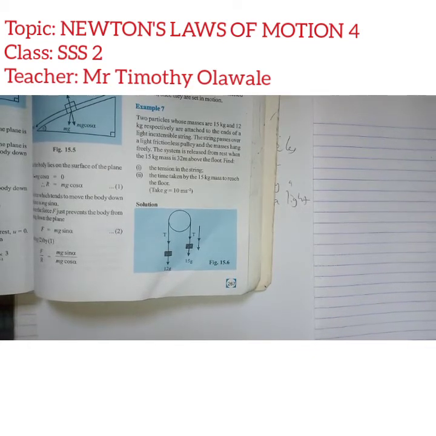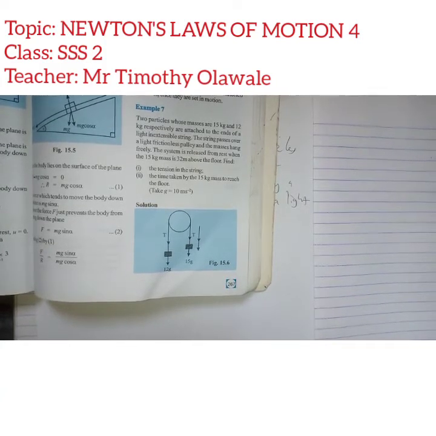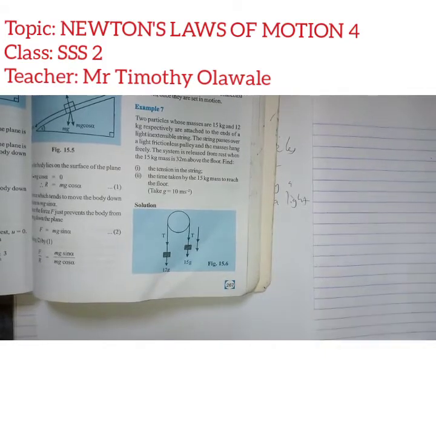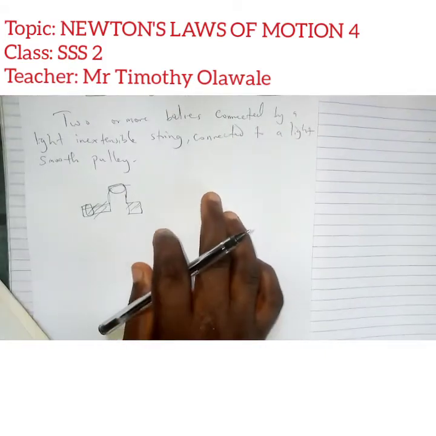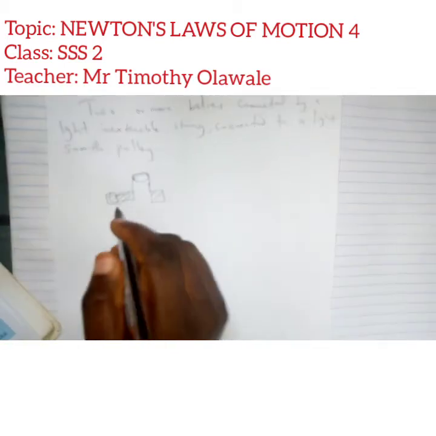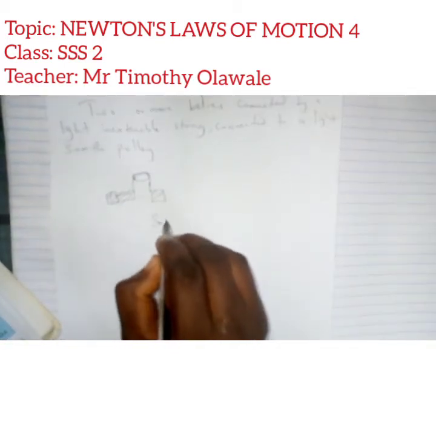The system is released from rest when the 15 kilogram mass is 32 meters above the floor. The question is: find the tension in the string and the time taken by the 15 kilogram mass to reach the floor. You can pause the video and take down the question. So we have a solution like this.